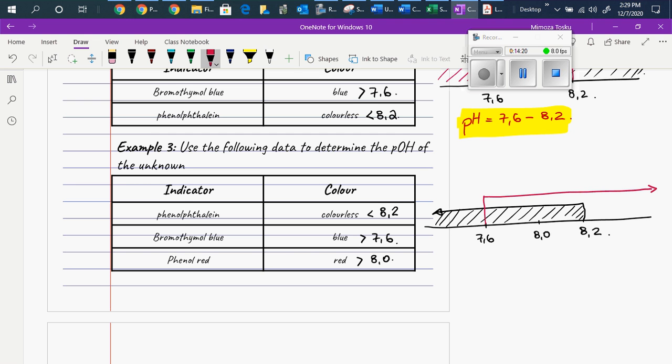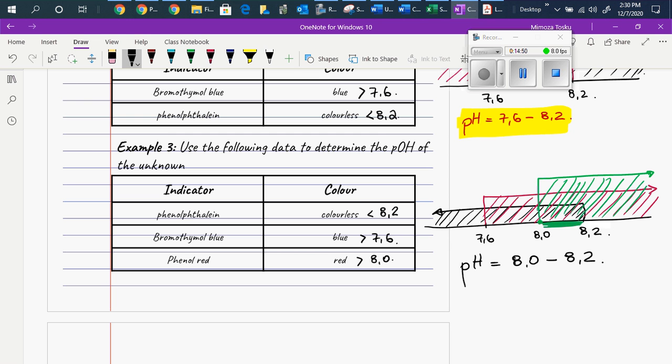So it is this one here. And the third one is greater than 8.0. So it starts here and then goes greater than 8.0. Those three will overlap on this interval here. So you can state that the pH is between 8.0 and 8.2.